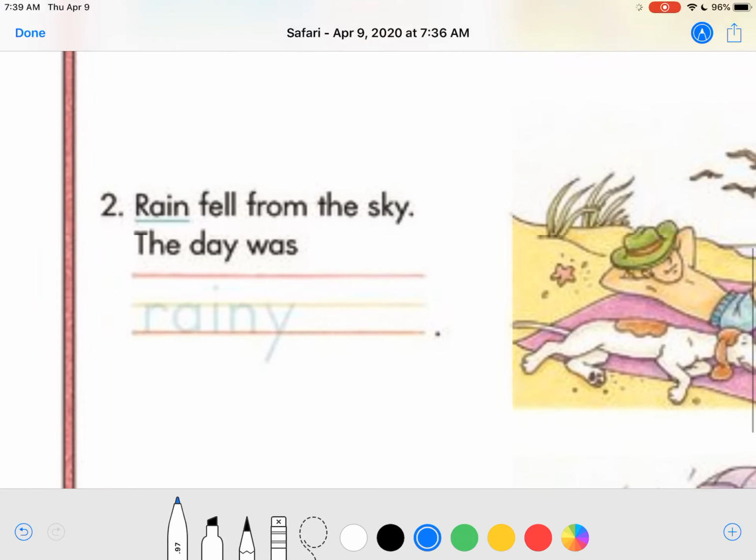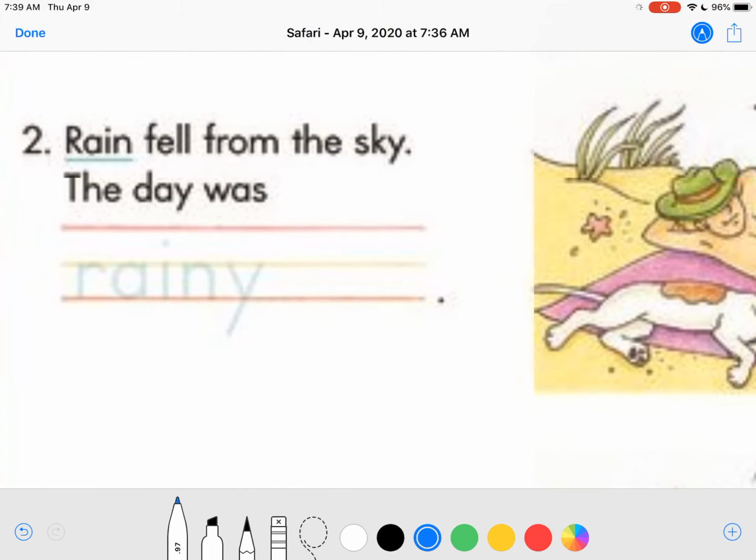Now let's go to number two. Here we go. Let's read again. Number two, rain fell from the sky. The day was rainy. Now, let's look and see, because rain has two vowels in the middle. Hold up two fingers. Two vowels in the middle.